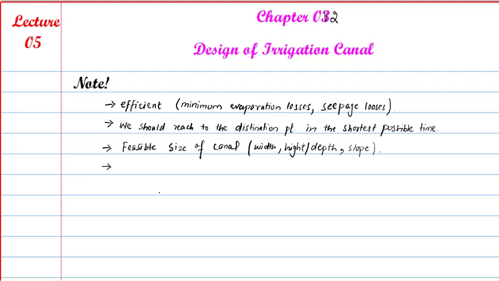And the next point is the cross section. The cross section of any canal can be either circular, it can be maybe square, it can be rectangular, or it can be trapezoidal.